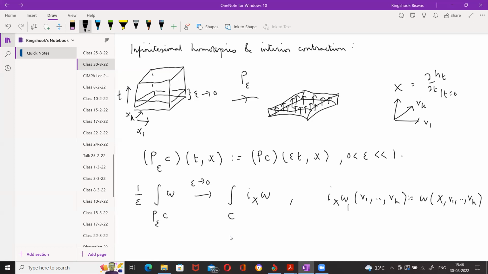So at a point P, basically it will be x at P comma V1 to Vk. Make sense?